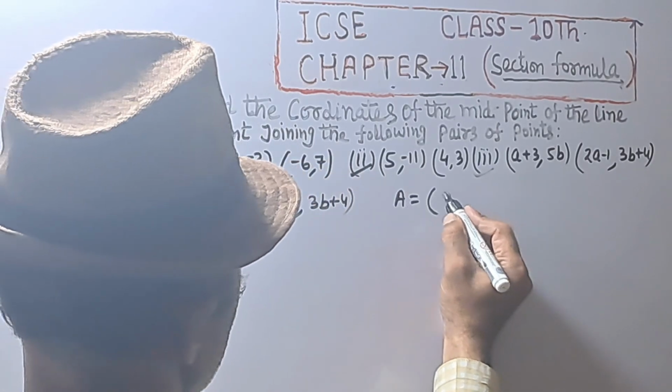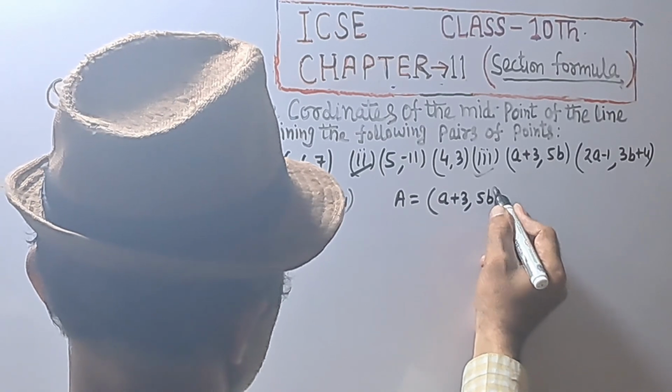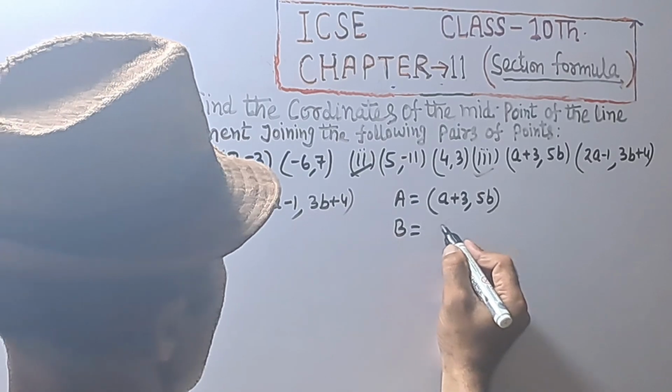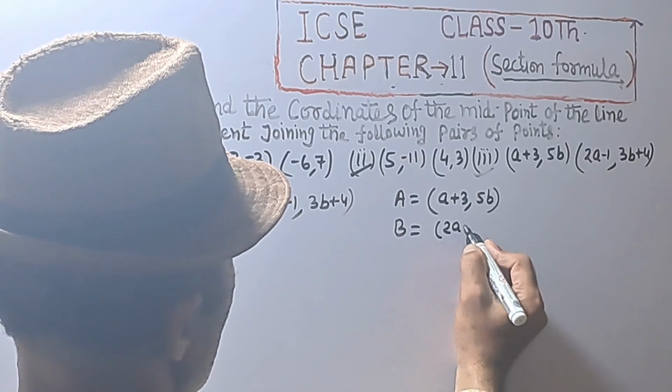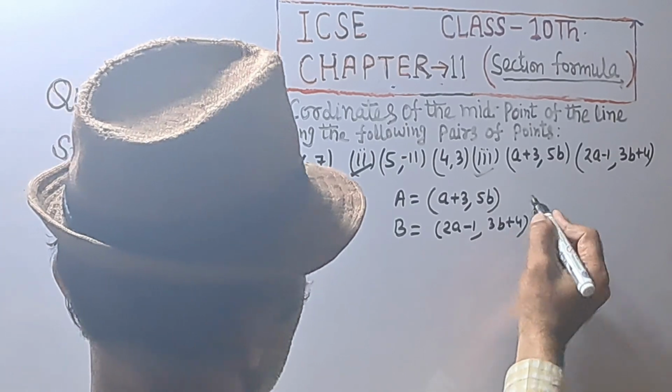Let A is equal to a plus 3, comma 5b and B is equal to 2a minus 1, 3b plus 4.